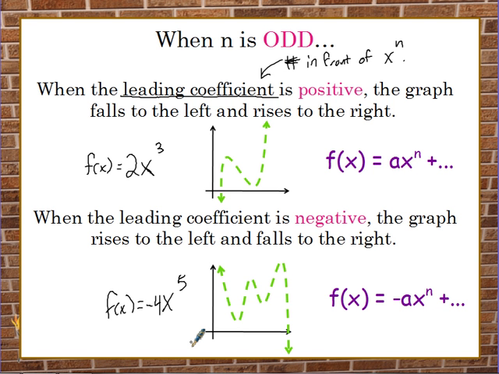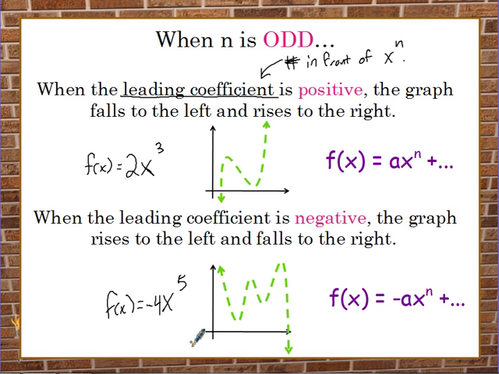Okay? So here's what I want you to get out of it. If I tell you it's x to the odd power, I don't care what power, but it's a positive, so it's 3x to the fifth power, what's the left side doing?